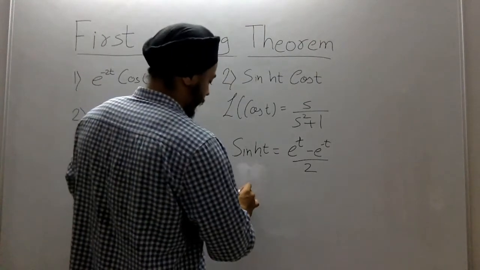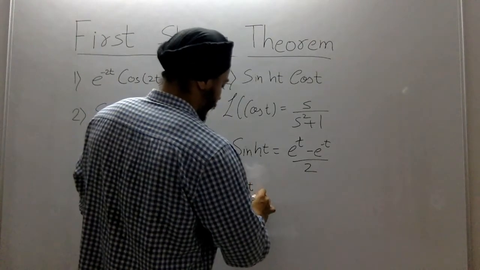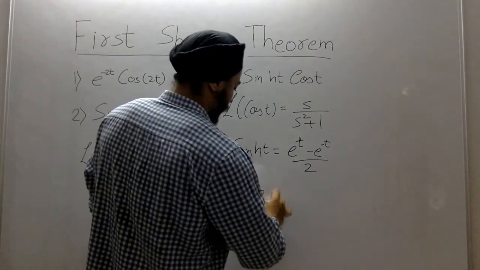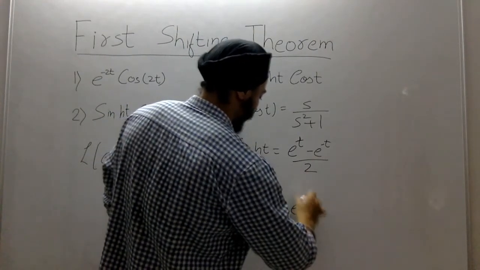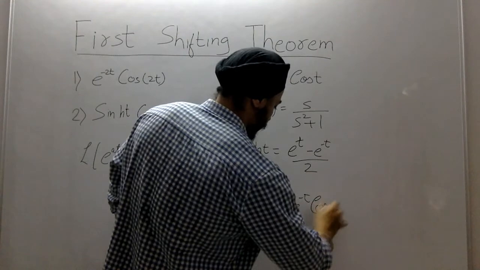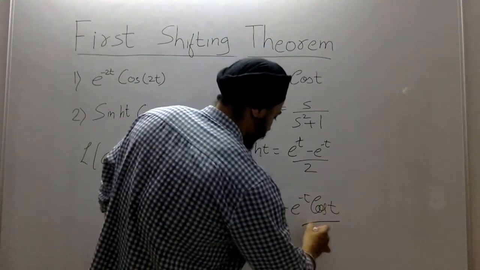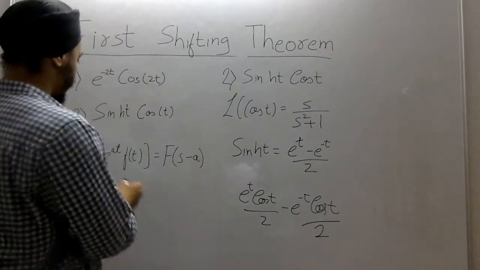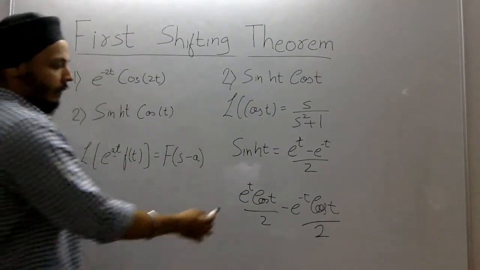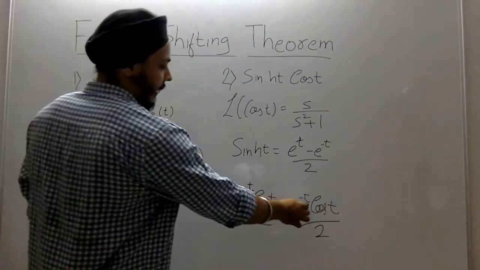Hence our function becomes e to the power t cos t by 2 minus e to the power minus t cos t by 2. Hence here our a is 1 for this term, and for this a is minus 1.